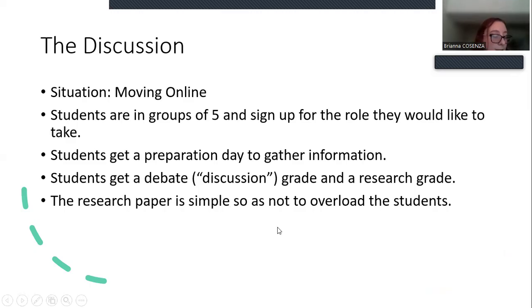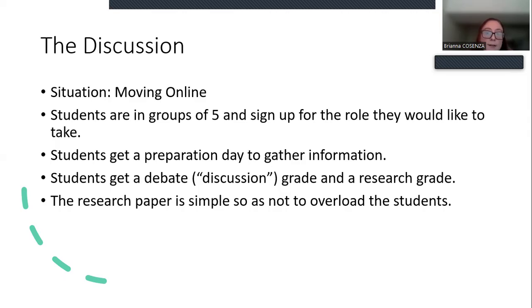At the end of the unit is the discussion, the informal debate, as I call it, using the situations from our textbook. The textbook does have a theme of technology in this unit, so we do moving online. Students are put into groups of 5, and I do it randomly.